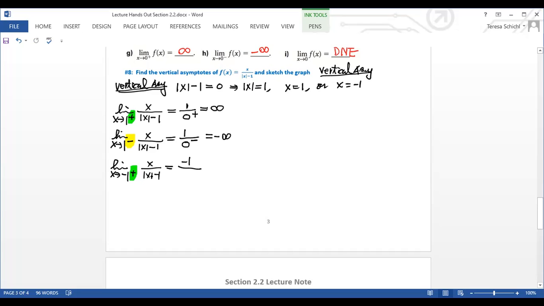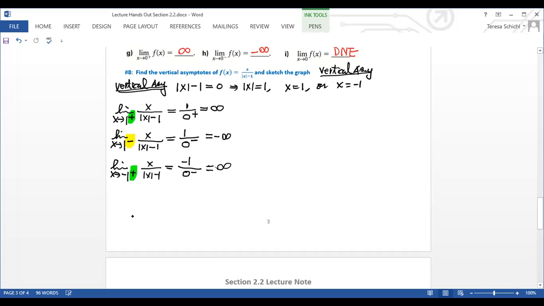Then you take the absolute value and it becomes positive, right? So the denominator will be very close to 0, but what type of close to 0? It's always a little bit less, so it's 0 to the negative. So what is the limit here?